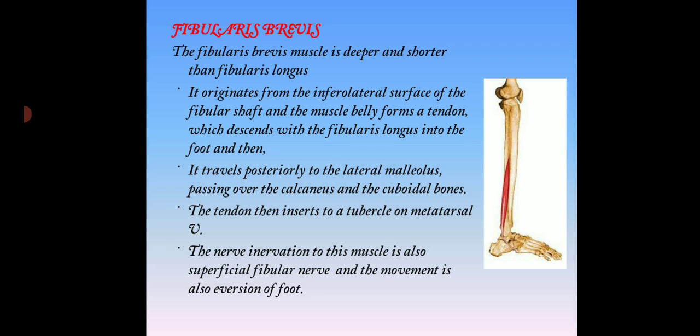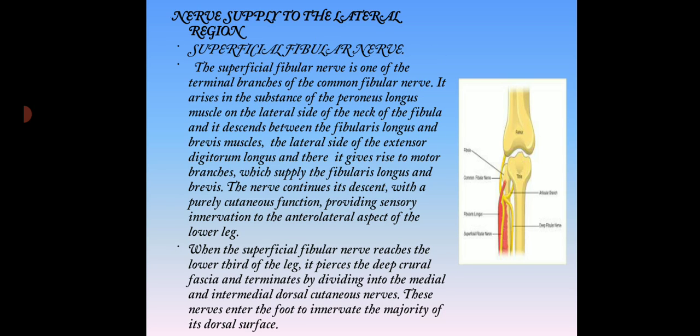Then the tendon inserts to a tubercle on the fifth metatarsal bone. The nerve innervation to this muscle is also by the superficial fibular nerve, and the movement is also eversion of the foot.